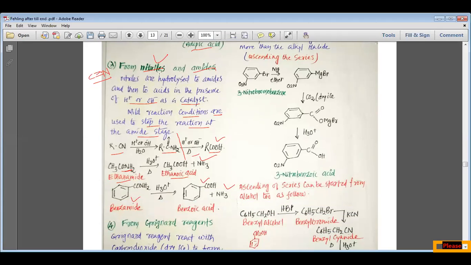Nitriles on hydrolysis are first converted to amides, and in vigorous conditions these amides are again converted to carboxylic acid. Or even if we have only amides like ethanamide or benzamide, by hydrolysis these amides are converted to carboxylic acid. I hope, my dear students, you have enjoyed these studies, and I wish you happy learning.